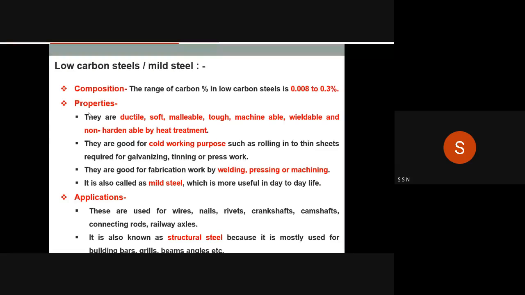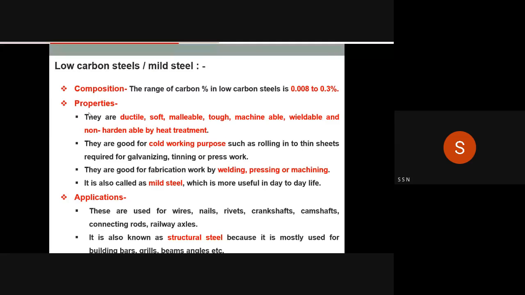In many cases it is used for structural purposes, which is why it is called structural steel, with carbon percentage from 0.008 to 0.3%. So this is regarding low carbon steel or mild steel.